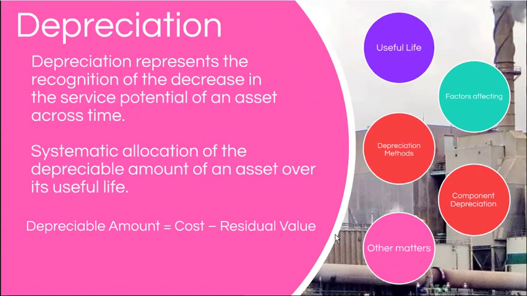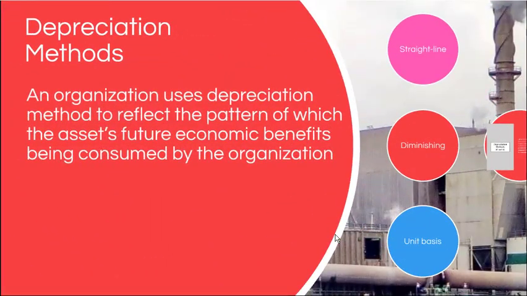Okay, we'll now discuss the depreciation methods available to a company when it comes to computing depreciation relating to property, plant and equipment. An organization uses depreciation methods to reflect the pattern in which the asset's future economic benefits are being consumed by the organization.